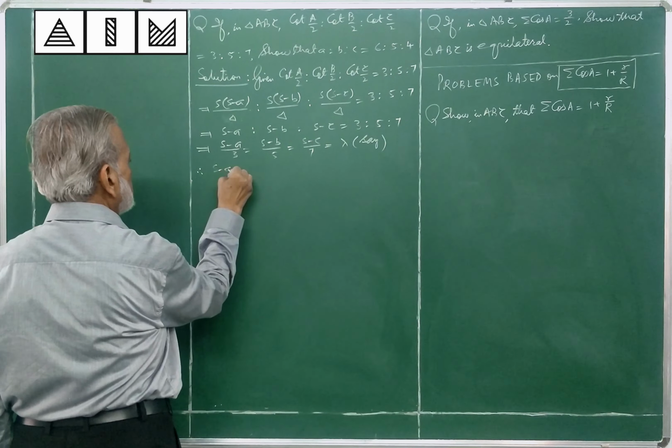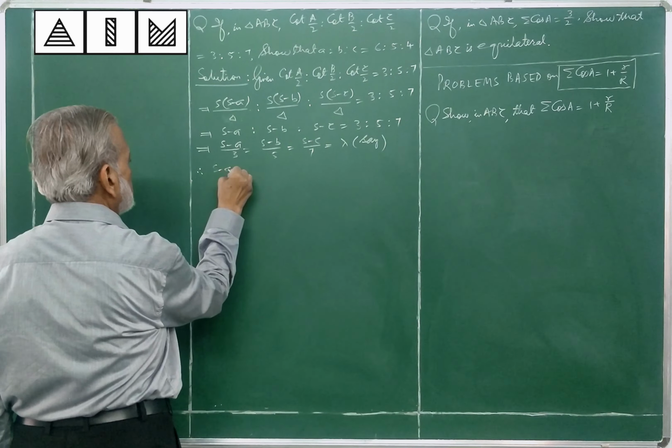Adding: S minus A plus S minus B plus S minus C is 3 lambda plus 5 lambda plus 7 lambda.